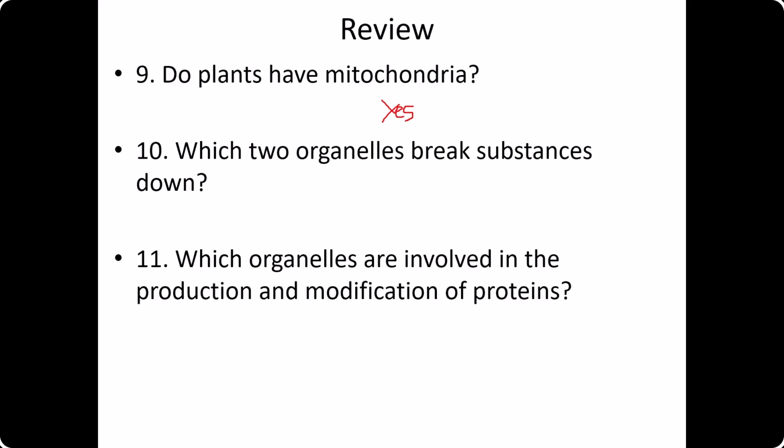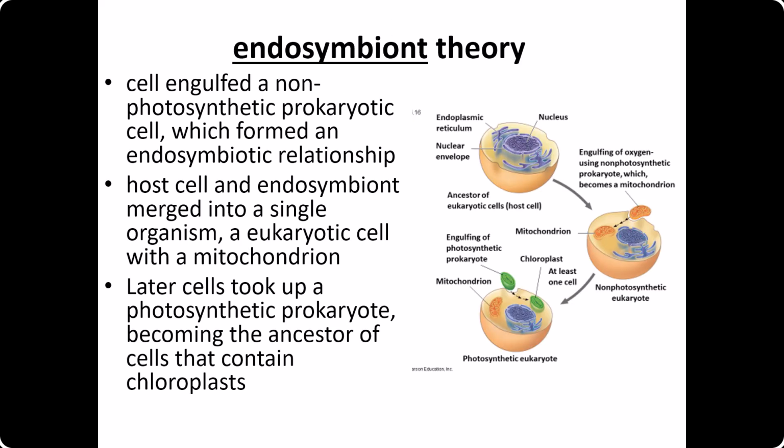So a neat theory in biology is the endosymbiont theory, or the theory of endosymbiosis. And I've hinted at it before when we were talking about the mitochondria and chloroplasts. But eukaryotic organisms are really combination organisms, and they have some of their characteristics from prokaryotic organisms. And that is because a long time ago, early eukaryotic cells picked up a free living cell, engulfed it, took it in and kept it.